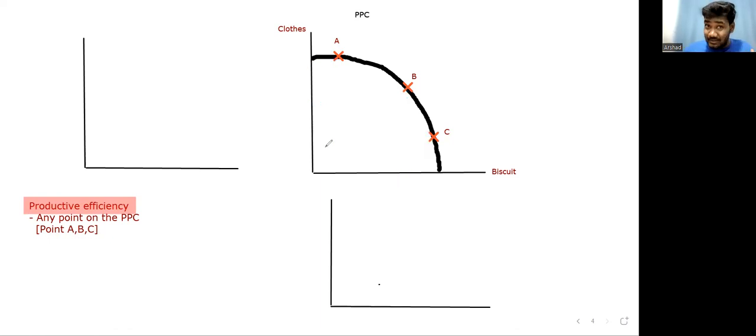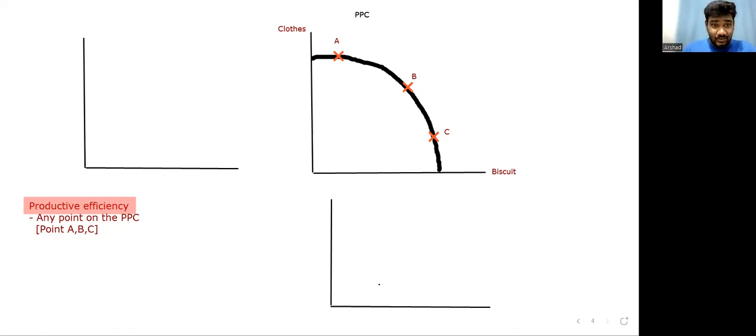So in your paper, if they ask you to denote productive efficiency, you can denote it by any point on the PPC, which says we are using all our resources to the fullest.